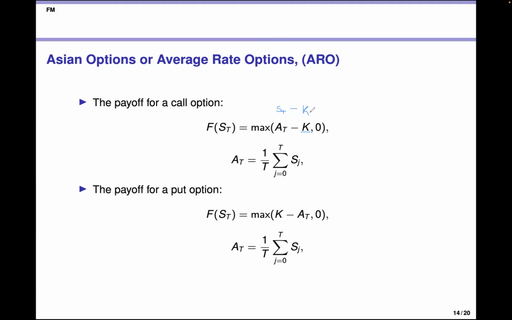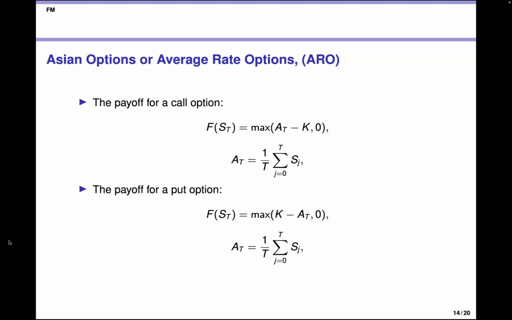It is the function for a vanilla option. But for an Asian option, instead of the market price, we use the average price of all moments from 0 to T, okay?